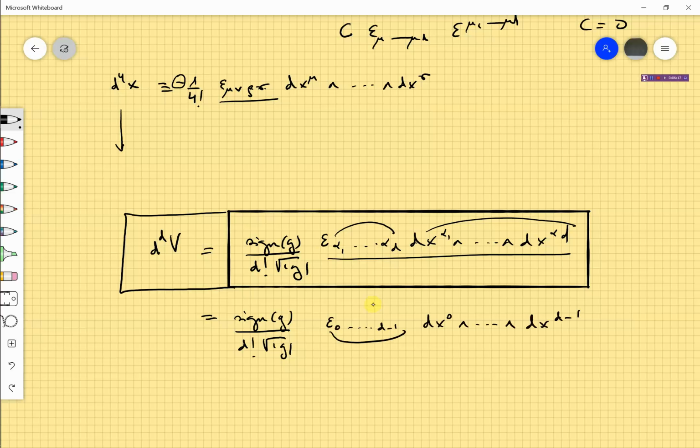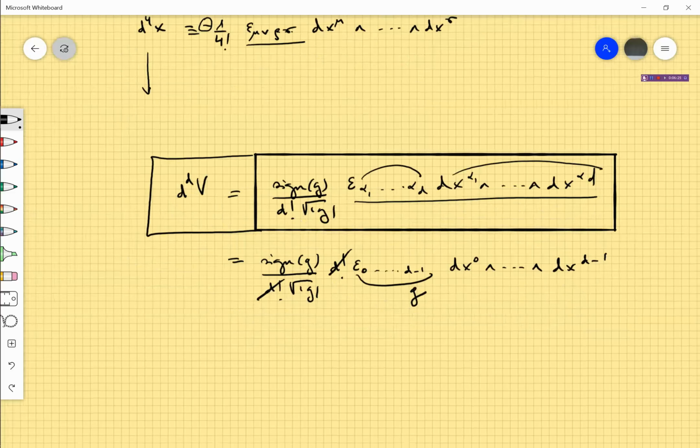I know with a factor of d factorial that cancels this one, and I know that this is just g, which is sine of g if you want, and the absolute value of the determinant of g.